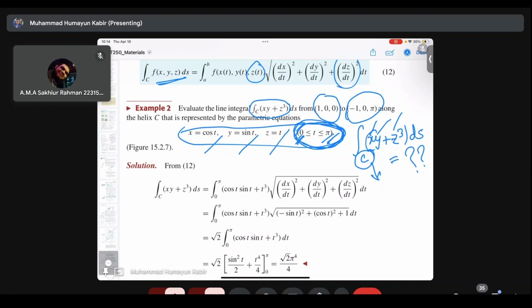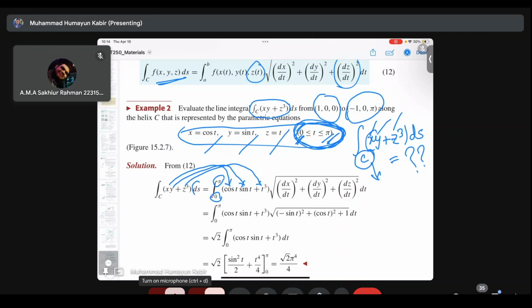So this integral should have lower limit 0 and upper limit pi. Understood? Is that okay? Here x is replaced by cos t, y is replaced by sin t, z is replaced by t.